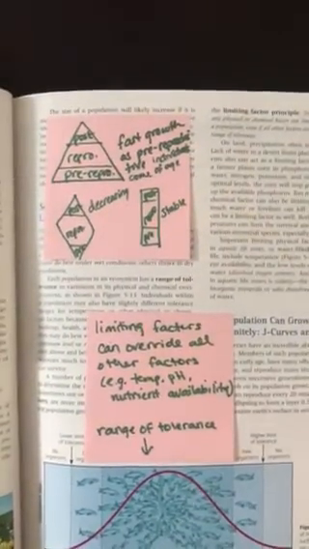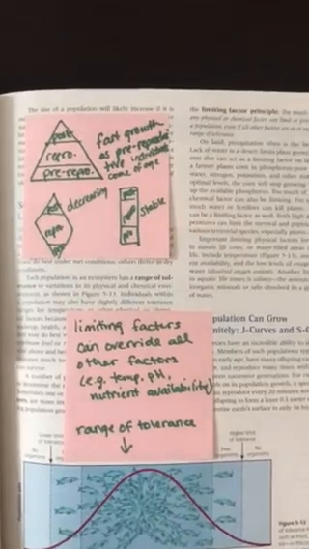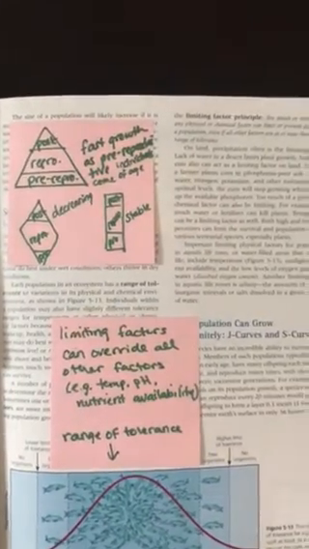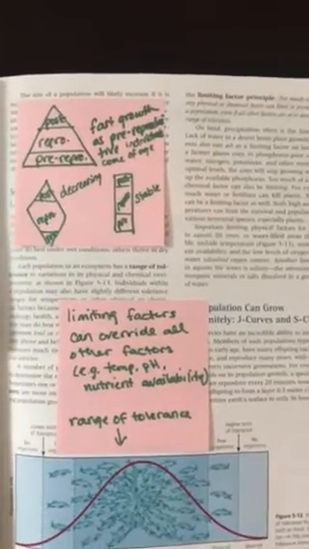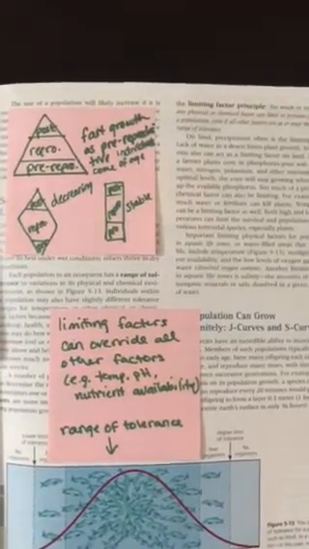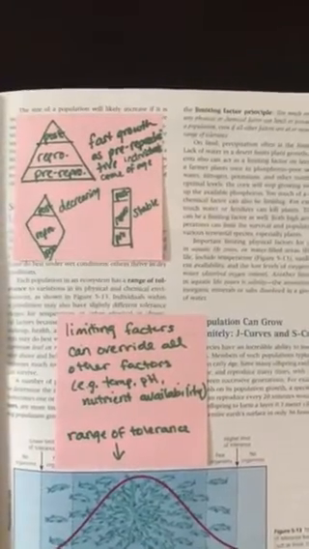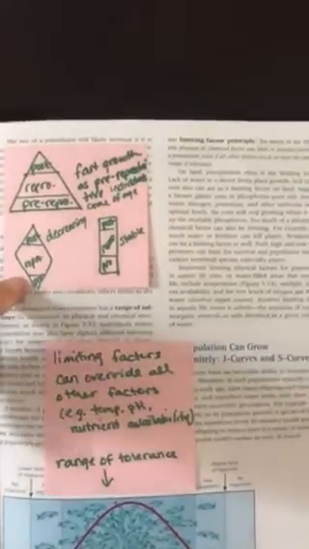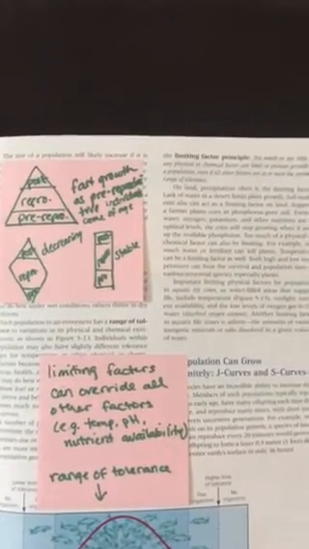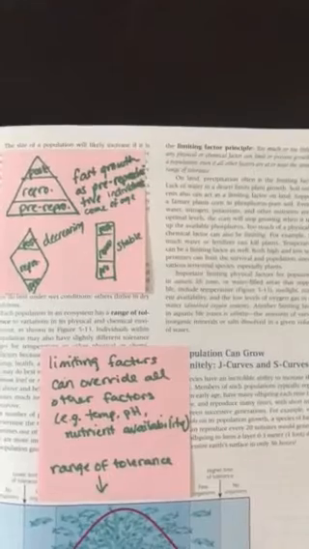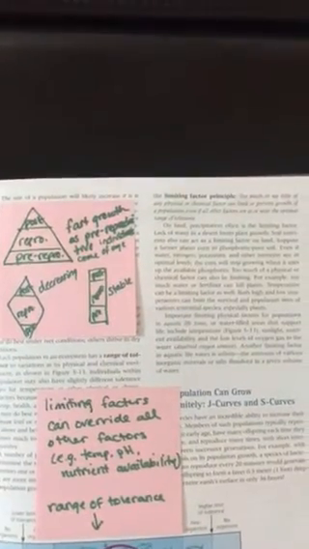If the age structure is very pyramid shaped, it's going to be a fast growing population because all of those pre-reproductive individuals will come of age and be able to reproduce. If your pre-reproductive is less than the reproductive, like the one on the lower left right here, your population is going to be decreasing in size. And if it's pretty much a rectangle, then you have a pretty stable population. We'll look at a lot of these age structure diagrams when we get into human population.